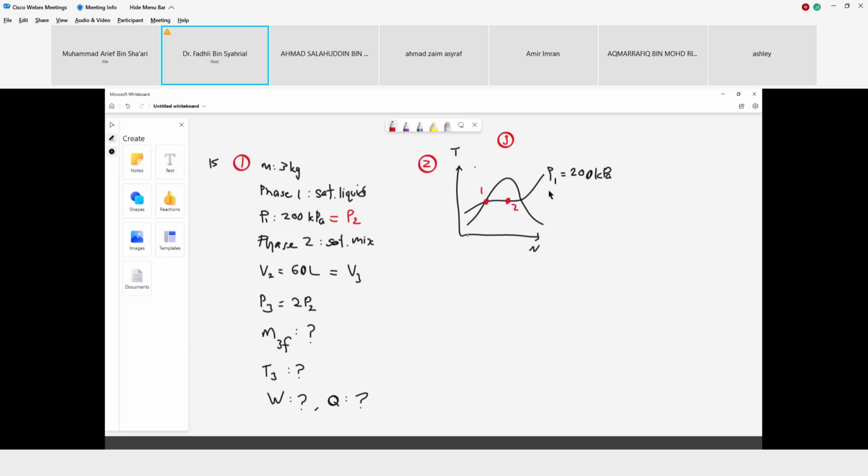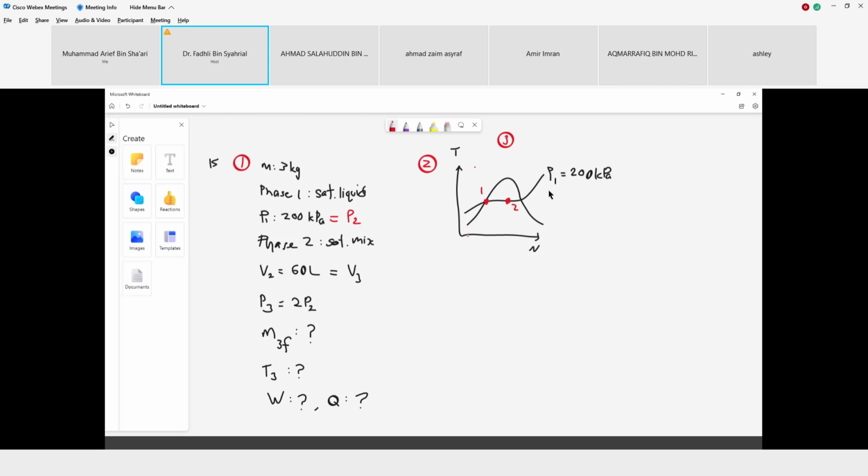A piston cylinder device with a set of stops on the top contains 3 kg of saturated liquid water at 200 kilopascal. So now the pressure 200 kilopascal is P1. Okay, continue to the second sentence.